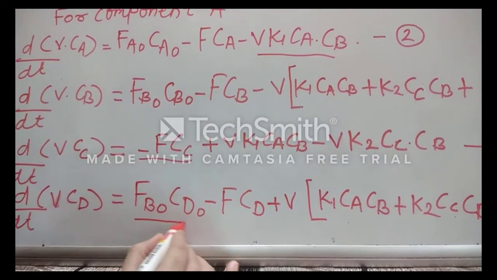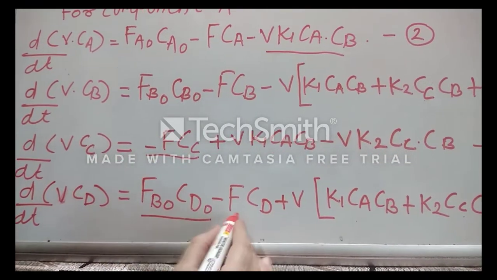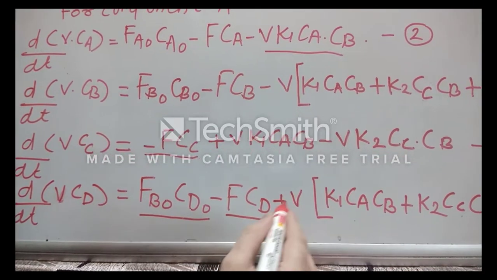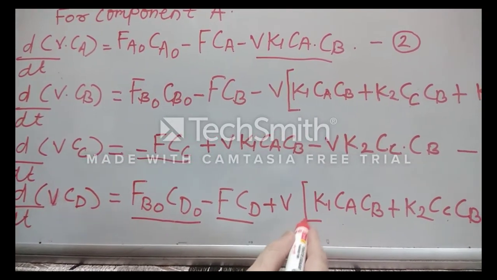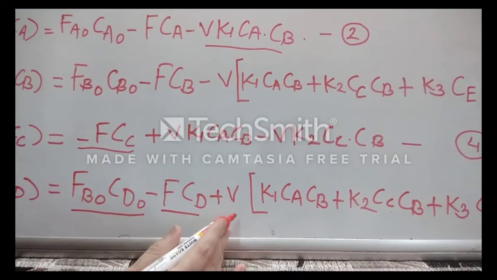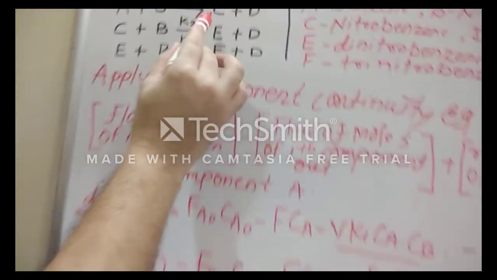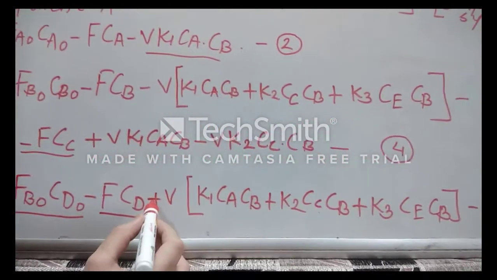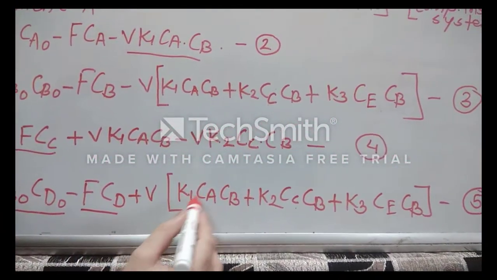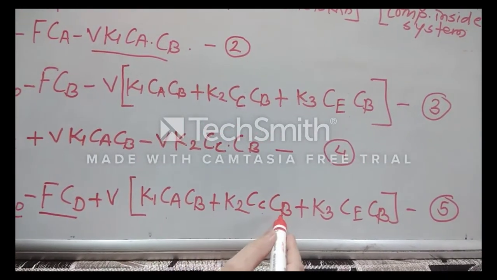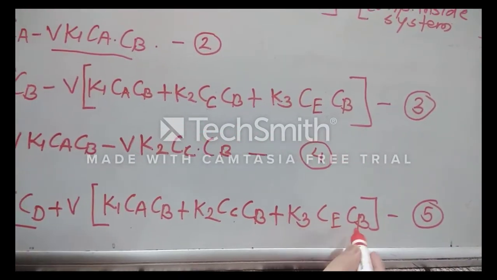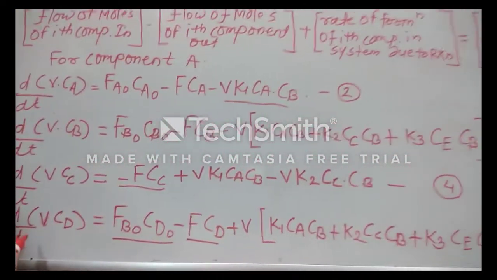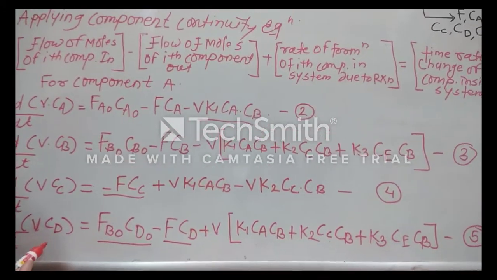This is the flow of moles of D into the system, and this term F into Cd is the flow of moles of D out of the system, plus the rate of formation of moles of D inside the system, as D is involved in all three reactions. So we can write the terms plus V into K1 CaCb plus K2 CcCb plus K3 CeCb, and this equation 5 gives the component continuity equation for component D.